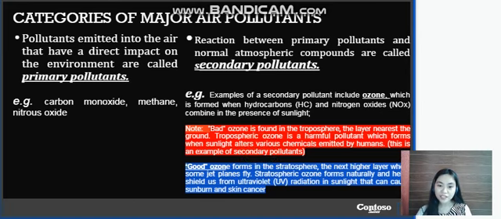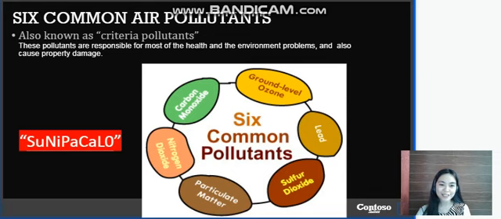Tandaan nyo ha, ang difference ng bad ozone and good ozone. Malay natin lumabas sa examination. Next, we have the 6 common air pollutants. So, ito yung tinatawag din silang outer pollutants, criteria pollutants. Tandaan nyo lang po yung SUNI PAKALO.